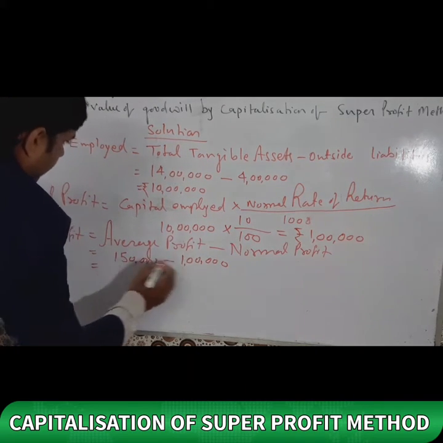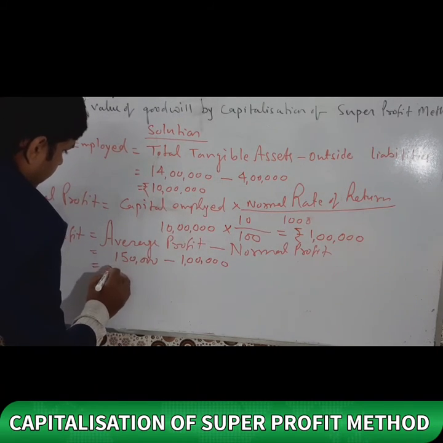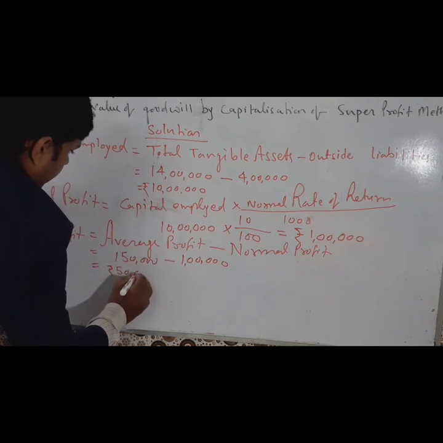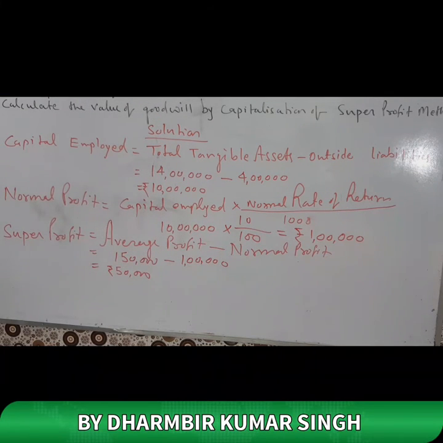So 1,50,000 minus 1 lakh is equal to 50,000. Clear? This is the super profit.